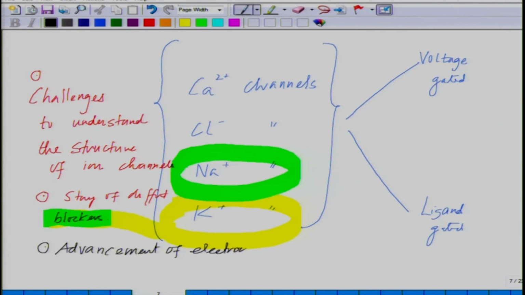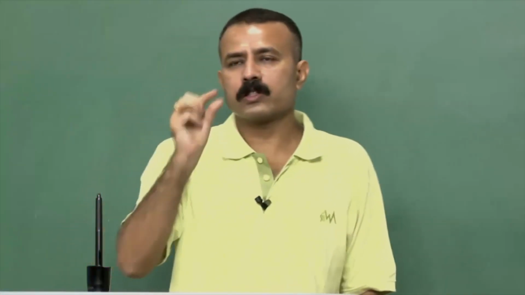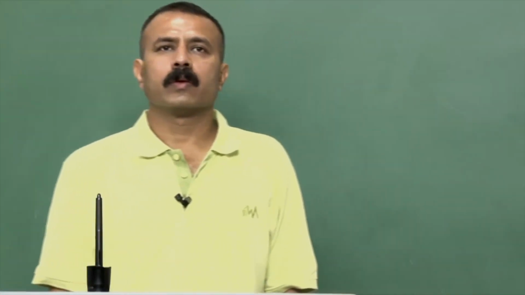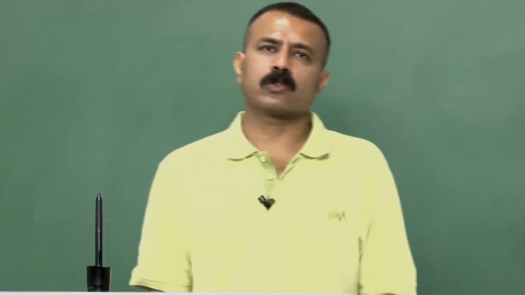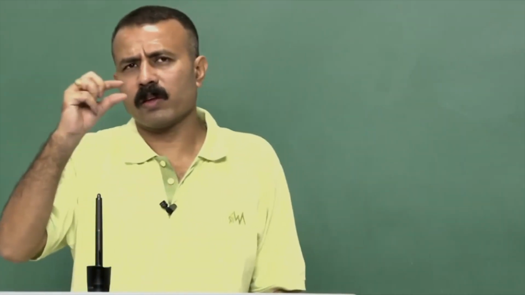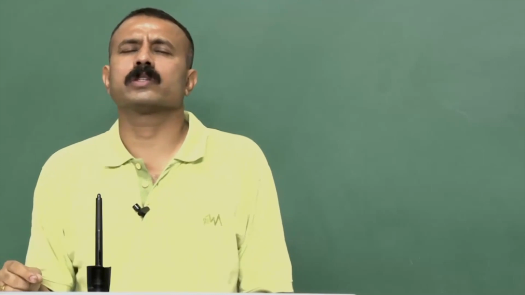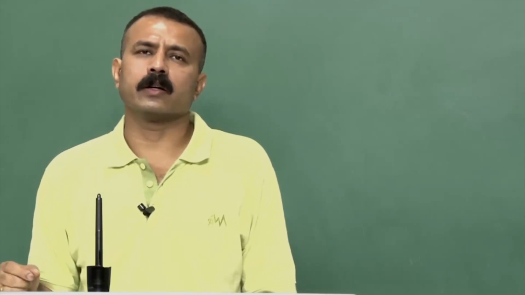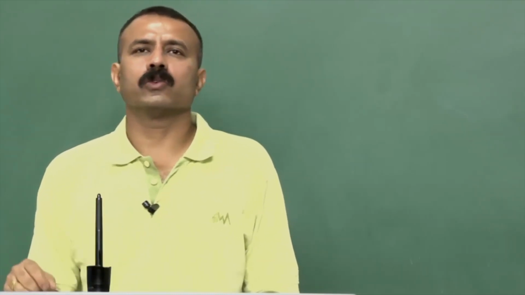Because the kind of current we are talking about are very minuscule currents. We are talking about 10 to the power minus 12, very small currents, because these are ionic currents. How to measure those?